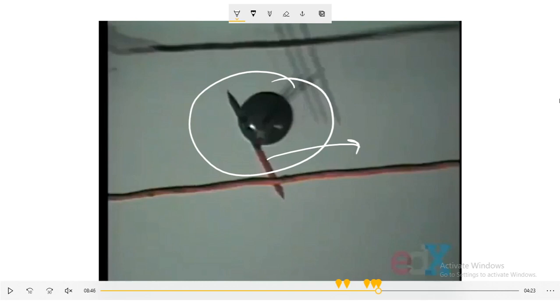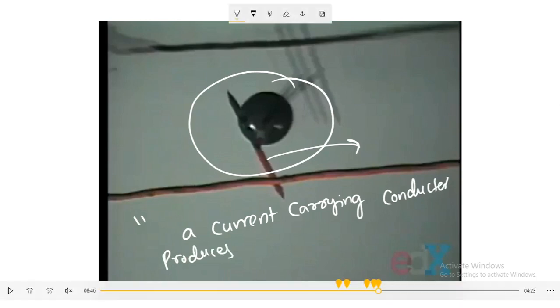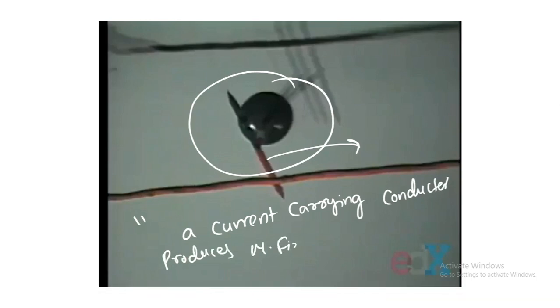This is also known as the magnetic effect of current. So finally the conclusion I can say here: a current carrying conductor produces a magnetic field around it.